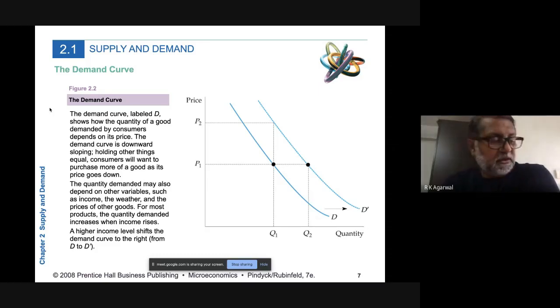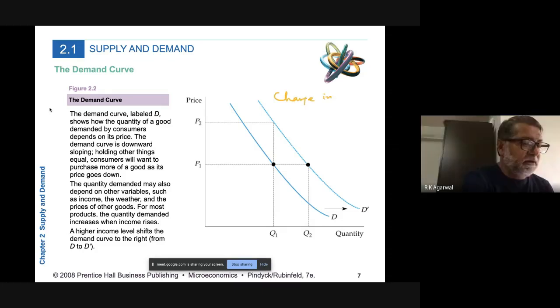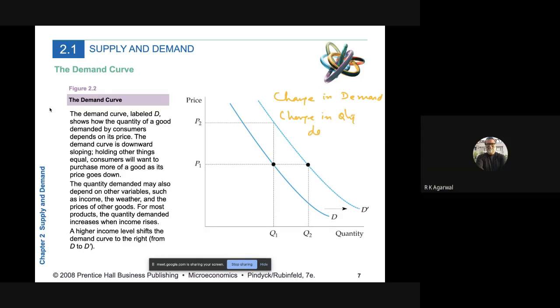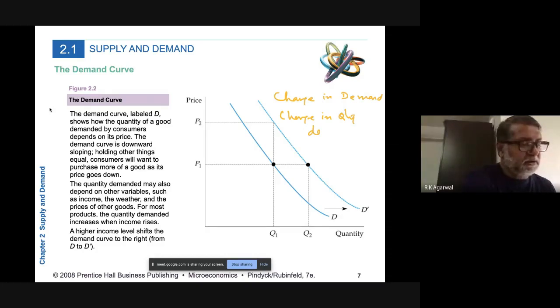So again, we will use two different phrases. One will be change in demand, and the other will be change in quantity demanded. So when will we use the term change in demand?